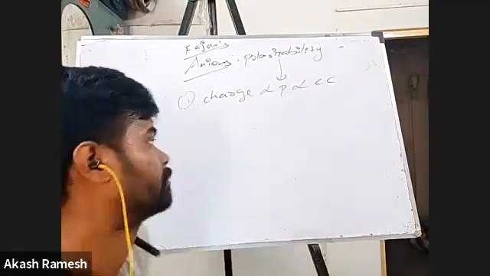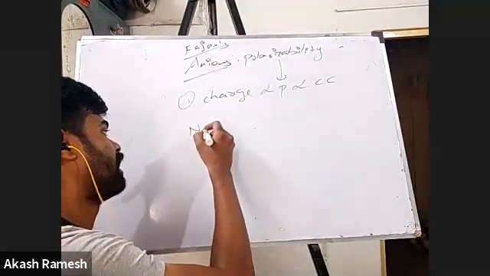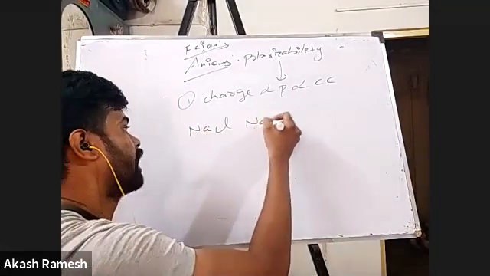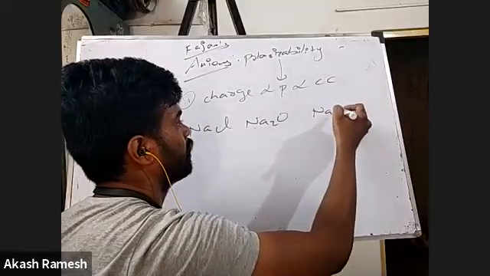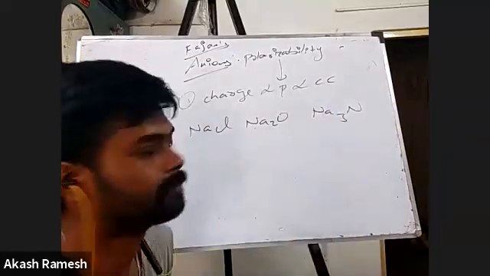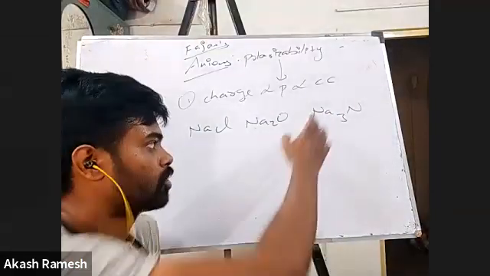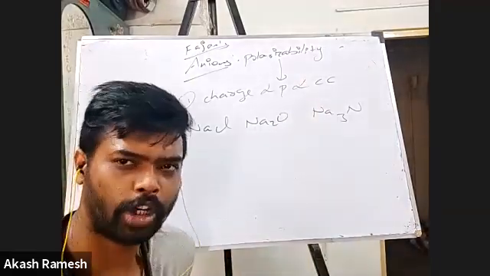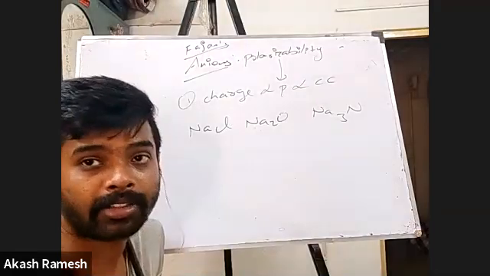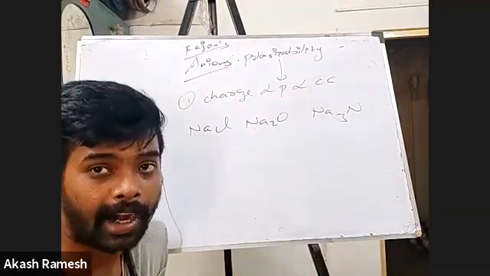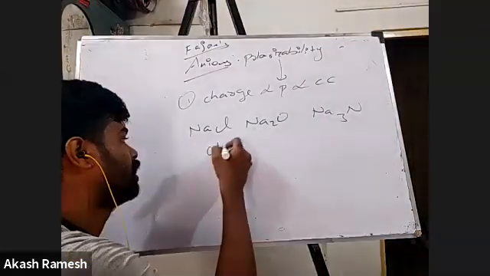For example, I have NaCl, Na2O, and Na3N. This compound doesn't exist, but still, no problem. Now all the cations are the same; only the anions are varying. What are the anions here?